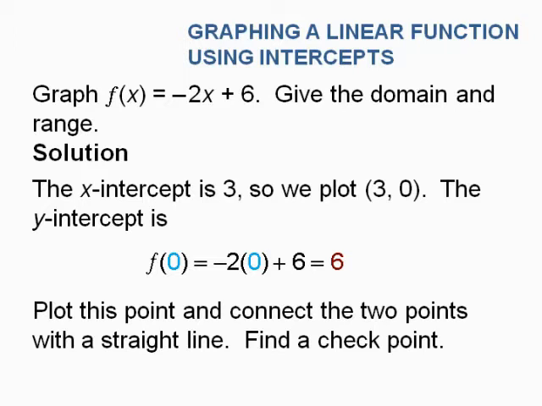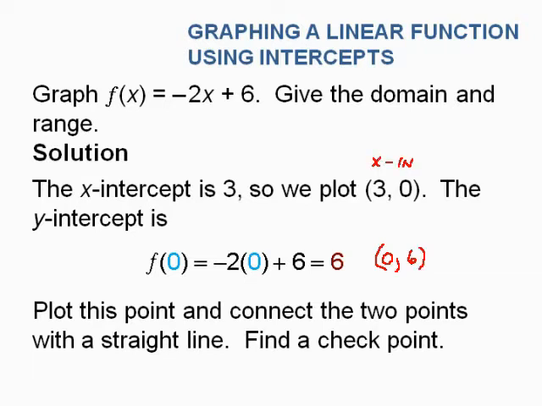So now it says, since the x-intercept is 3, we plot (3, 0). For the y-intercept, we're going to plug 0 in on the other part there. If we plug 0 in for x, we get 6 for y. So plugging in 0 for x will give us the y-intercept of (0, 6).